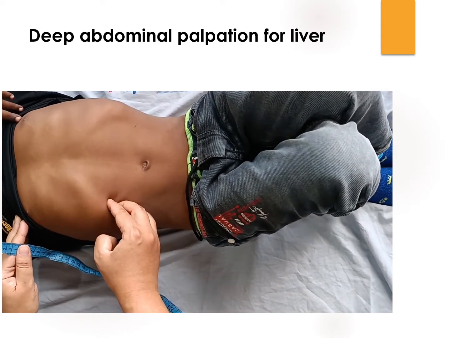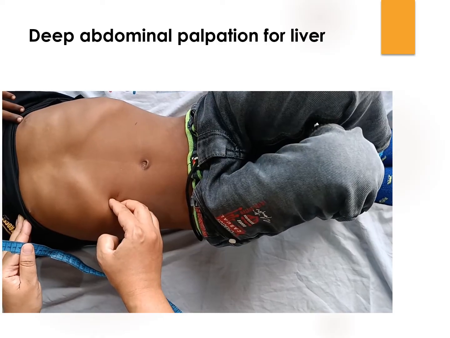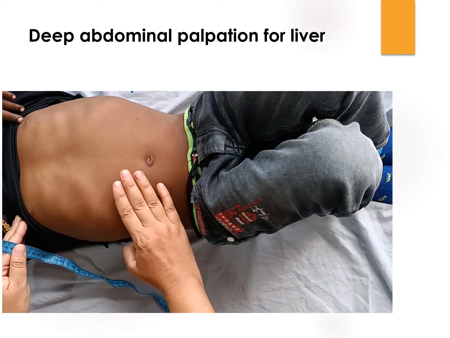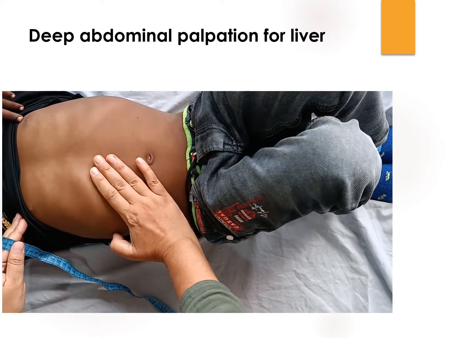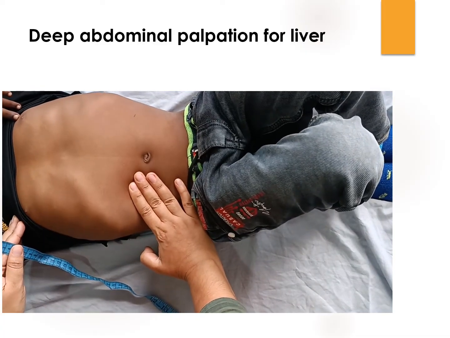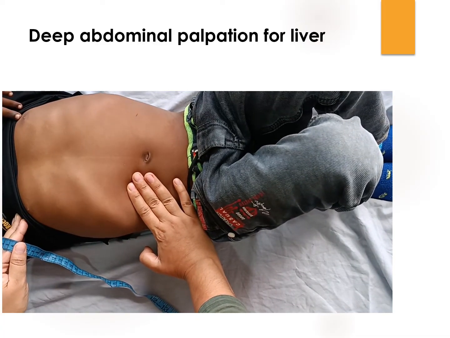Now whenever you are palpating for the liver, we have to keep in mind, is it actually the liver or any other organ. So in this video you can see I am confirming whether it is liver or other organ enlargement. If you are not able to insinuate your finger between the subcostal margin and the organ, that means it is the liver, and then you have to keep your finger at the border of the liver and tell the child to take a deep respiration.